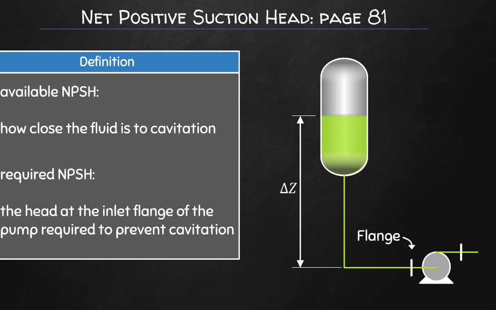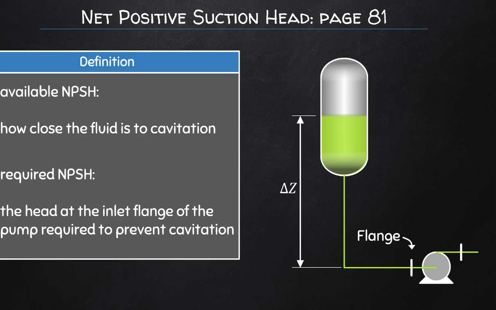Now, the next concept that we will be dealing with is known as the net positive suction head. You'll see that we are jumping back and forth between a lot of different study objectives here, and a lot of them are quite tricky to grasp at first, so please be sure to read these sections and don't just rely on these slides, because you can be confused if you just rely on the slides themselves.